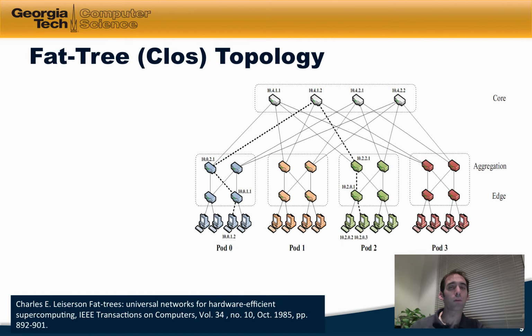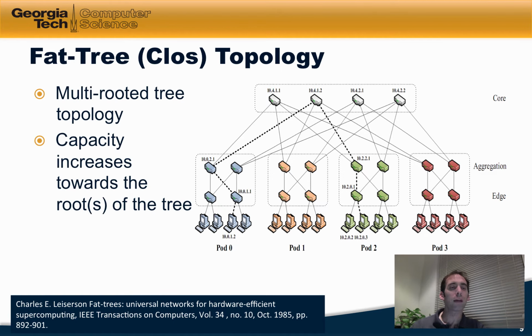A solution to the problems presented by this conventional topology is to design the data center as a multi-rooted fat tree, where capacity increases towards the roots of the tree. This topology design not only alleviates bottlenecks toward the core, but also provides inherent fault tolerance, since any server at the edge of the data center topology has multiple ways of reaching the core, or servers in other parts of the edge network.